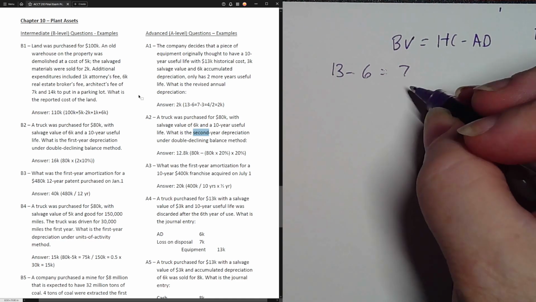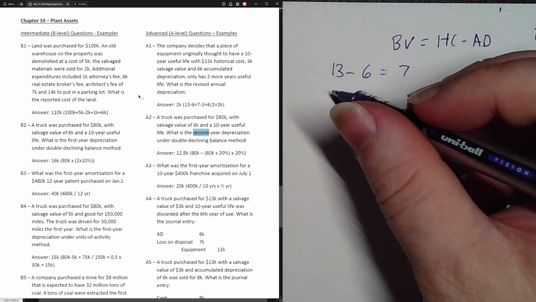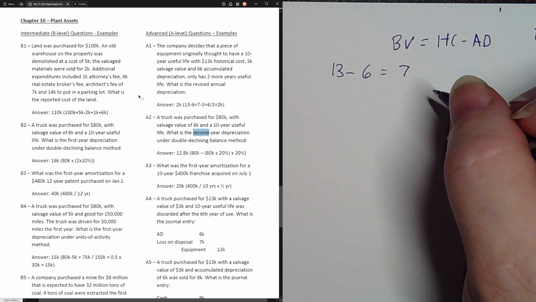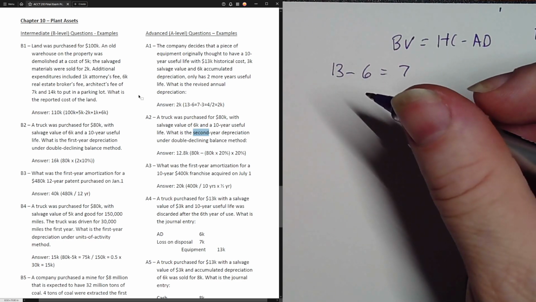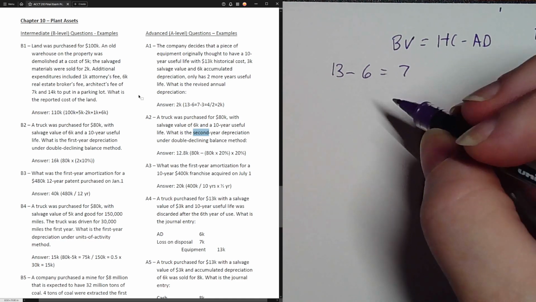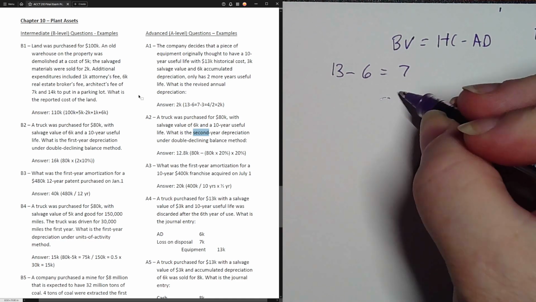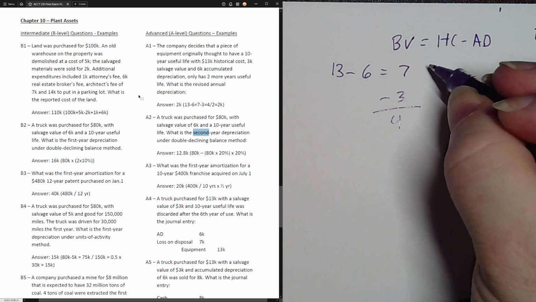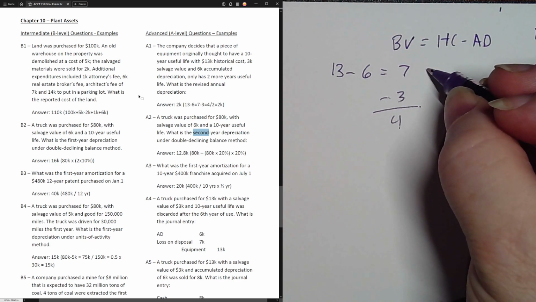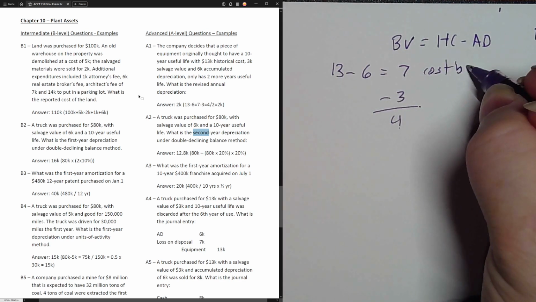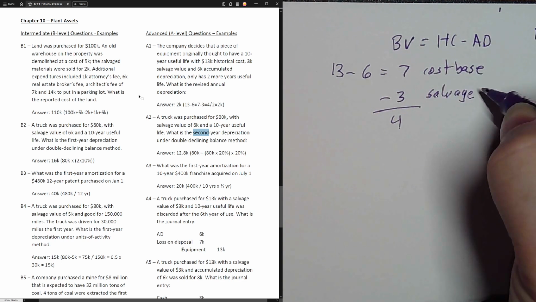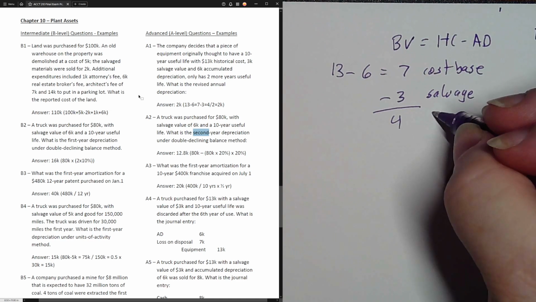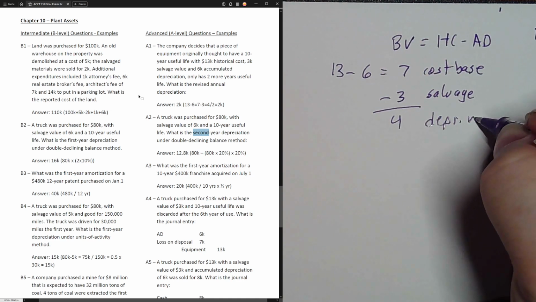And now if we're starting off at 7, all we do is recalculate the depreciation using the new numbers. Well, it doesn't tell us that there's any change to the salvage value. So if this is now the new cost base, and this is the original salvage value, so this is the new depreciable value.